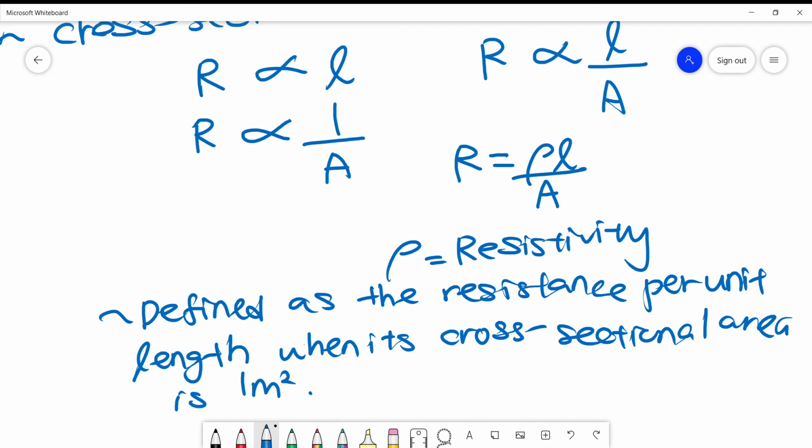So this is the definition of the resistivity.